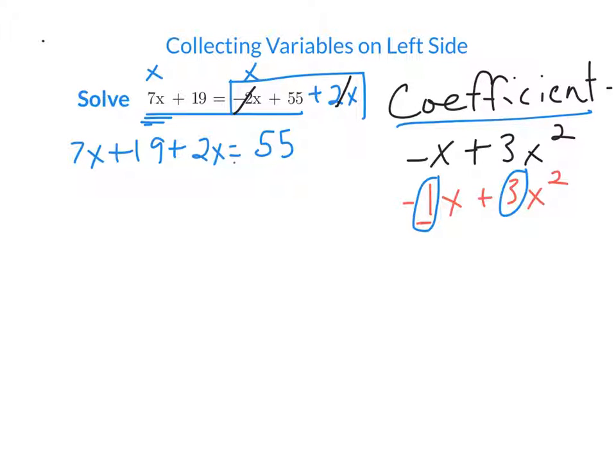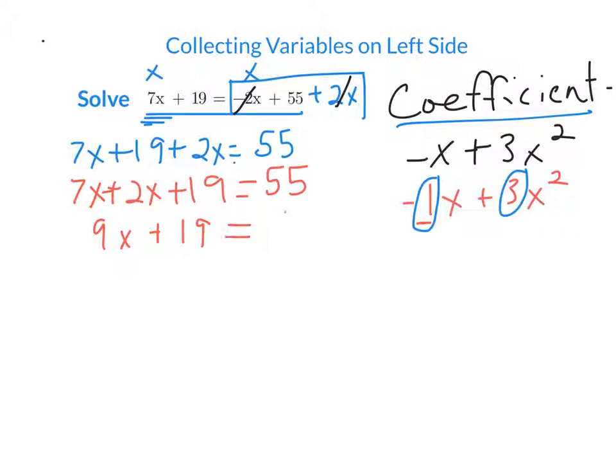Now we can regroup them just to make it easier, and then I can keep combining like terms. Now I want to get the 19 on the other side, so I'm going to take away 19.